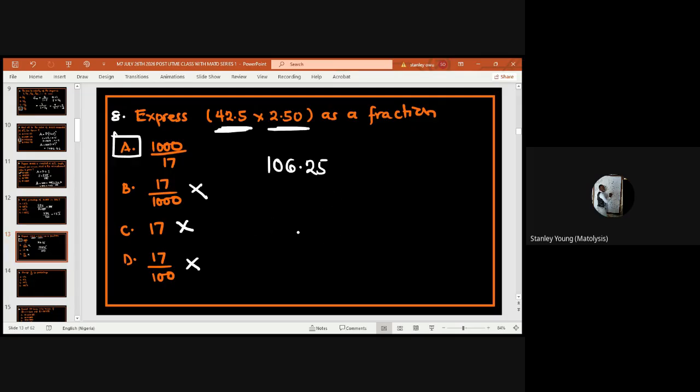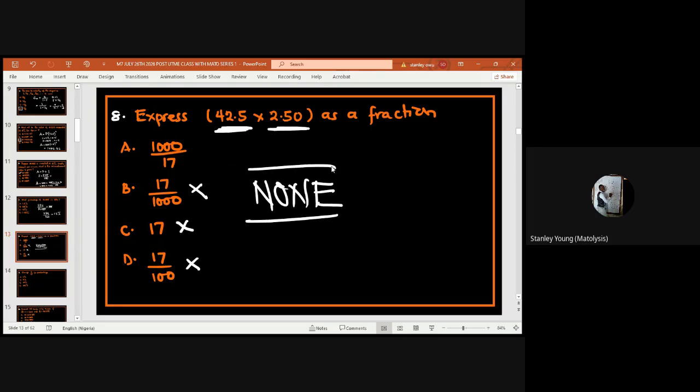No, we don't need to do this. Let's do 1000 divided by 17. So that gave us 83 point that. Apparently the answer is not here. So it's not even A. But to be honest with you, as a candidate in exam, I would have picked A and moved on. So the answer is none of the above. Like I said again, as a candidate in exam, after trashing B, C, and D, I might have gone for A without having to solve that problem.